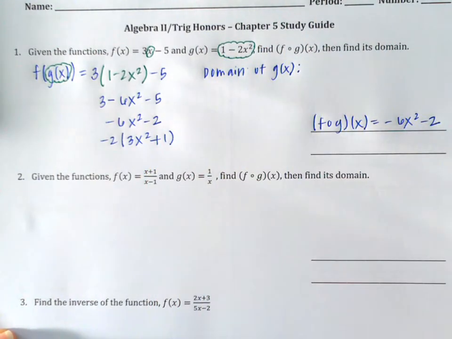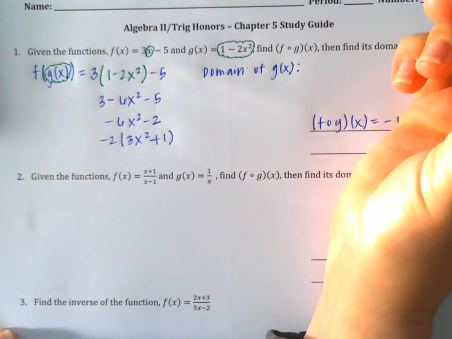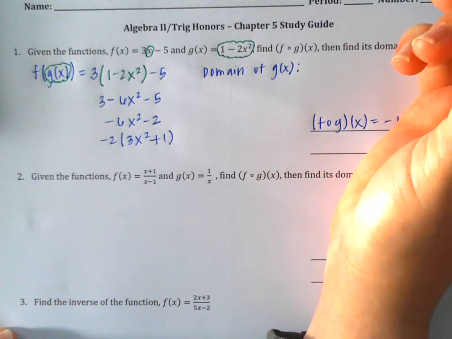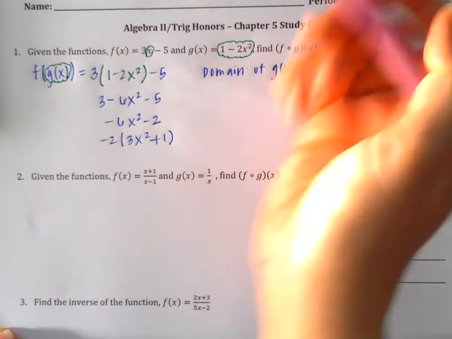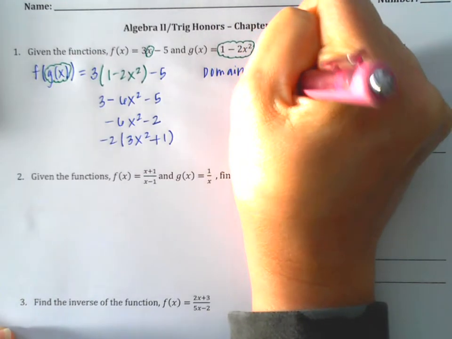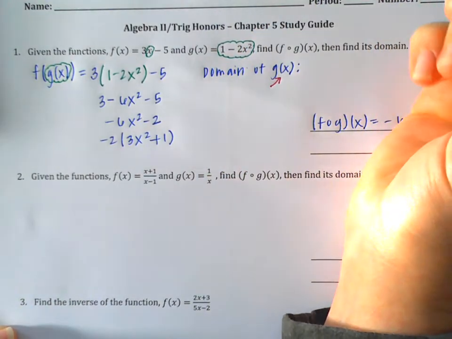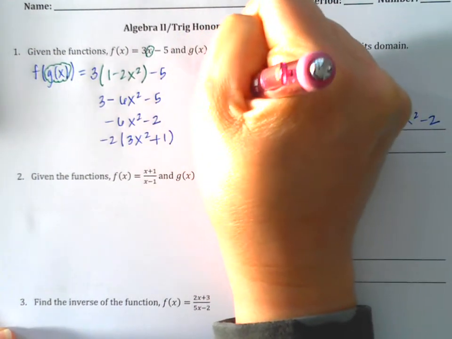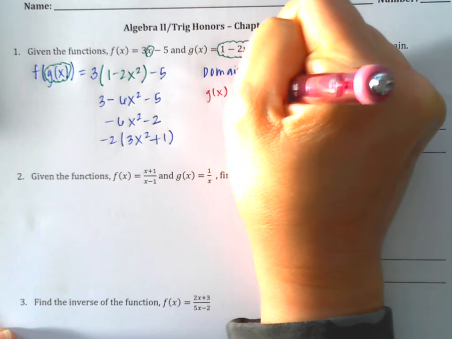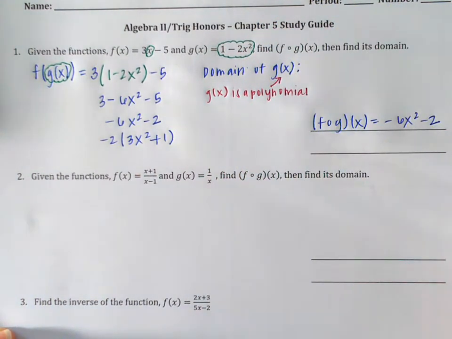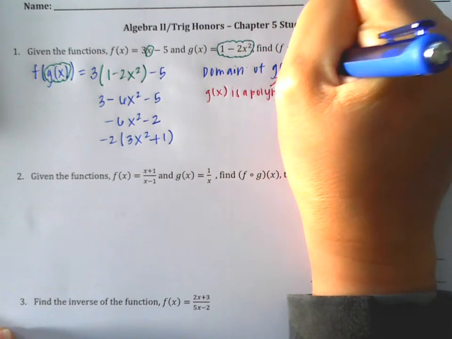Well, g of x is a polynomial. Whenever you're looking at a polynomial, the domain is always all real numbers. So let's write that g of x is a polynomial, so the domain of g of x is all real numbers.